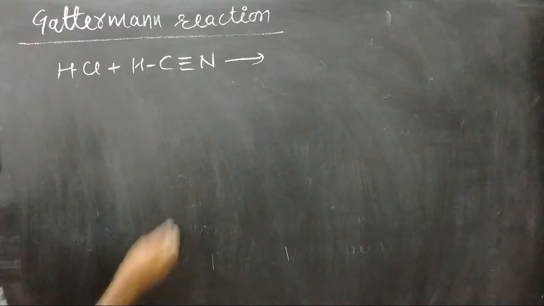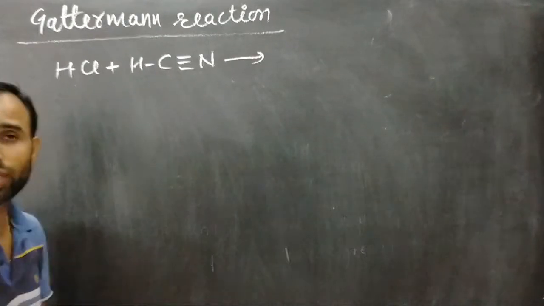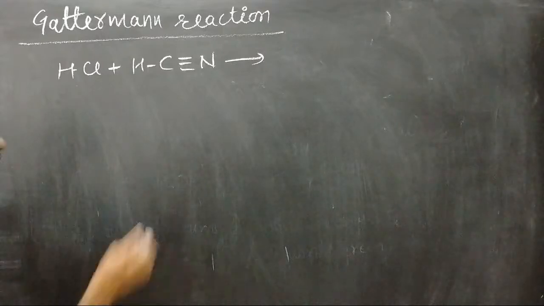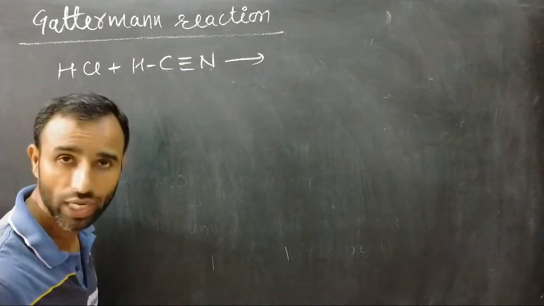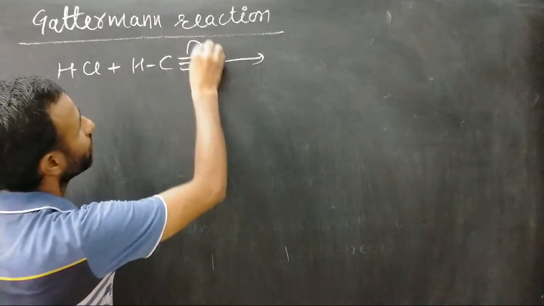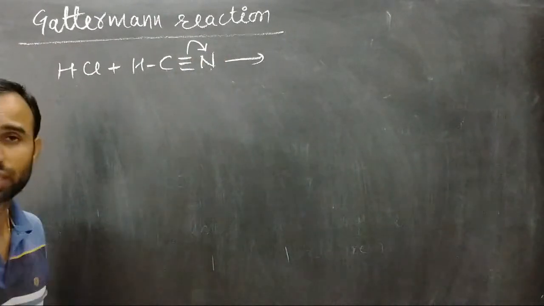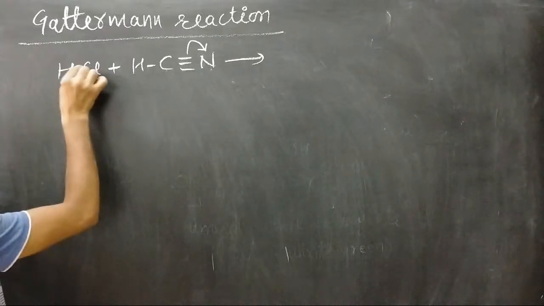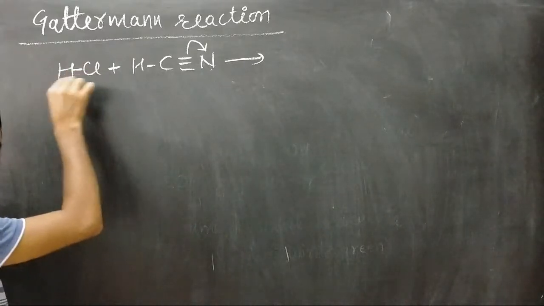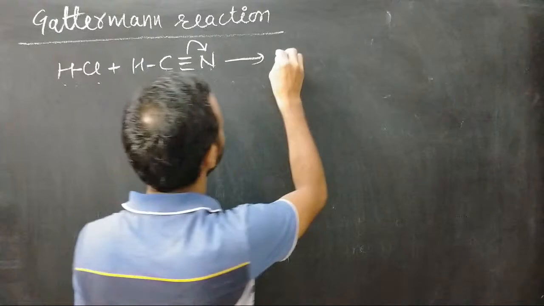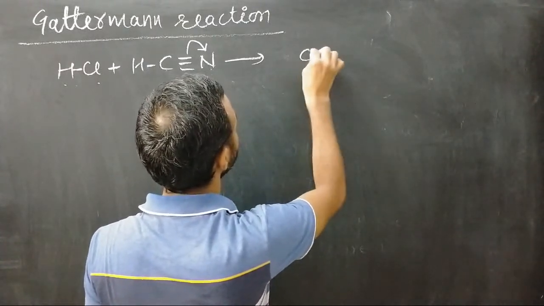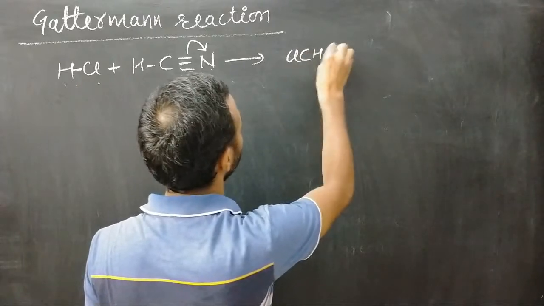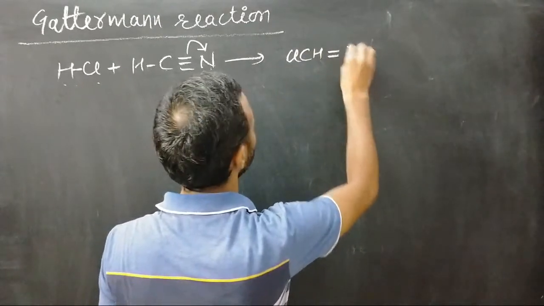When HCl reacts with HCN, in HCN carbon and nitrogen, nitrogen is more electronegative, so the pi electrons are transferred towards nitrogen, and in HCl, H is positive, Cl is negative. So in this way we get CHCl double bond NH.